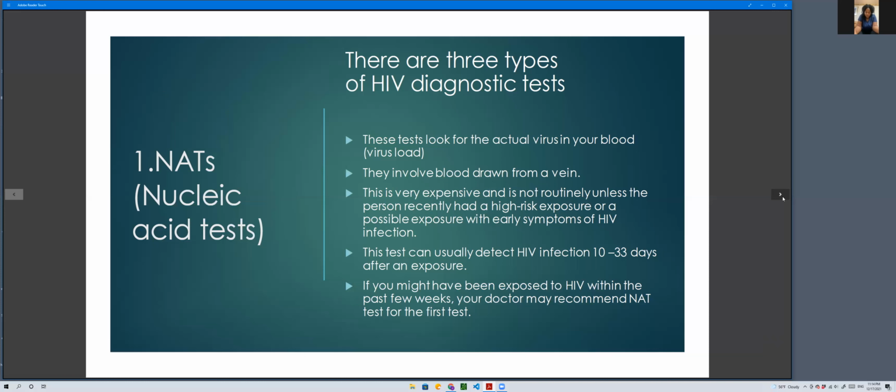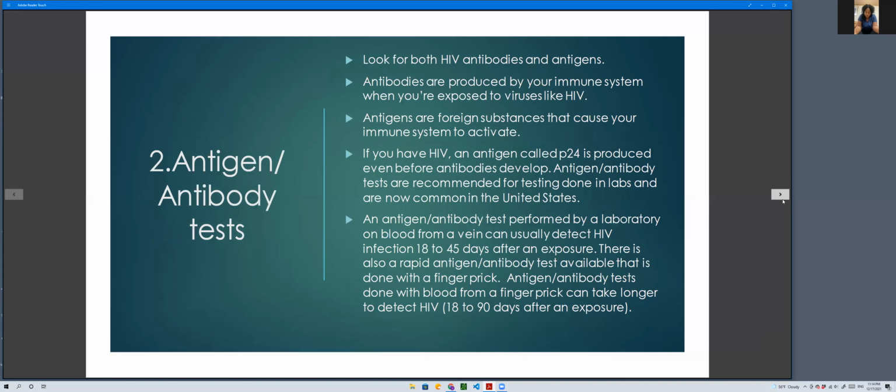the first test. Look for both antibodies and antigen. Antibodies are produced by your immune system when you are exposed to a virus like HIV. Antigens are foreign substances that cause your immune system to activate. If you have HIV, an antigen called P24 is produced even before antibodies develop.